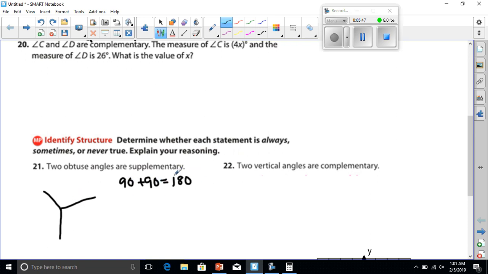Then they can't be 180. Even if this was a 90.5, no matter what, the sum is still going to be bigger than 180. So this one is never true.